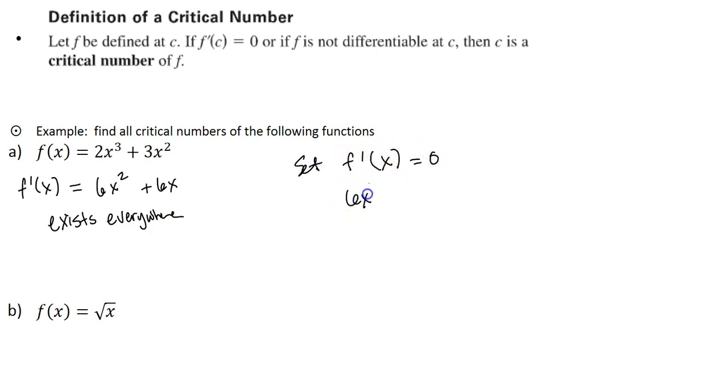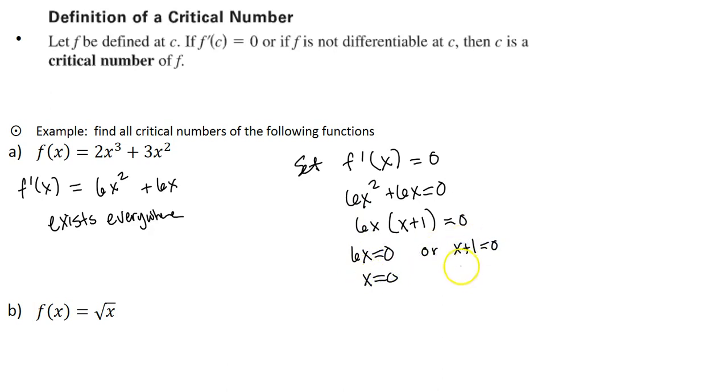So I'm going to set 6x squared plus 6x equal to 0. To solve that, I would factor out a 6x, and I get x plus 1. So 6x equals 0, which means x equals 0, or x plus 1 equals 0, which means x equals negative 1. So my critical numbers for this function are going to be 0 and negative 1.